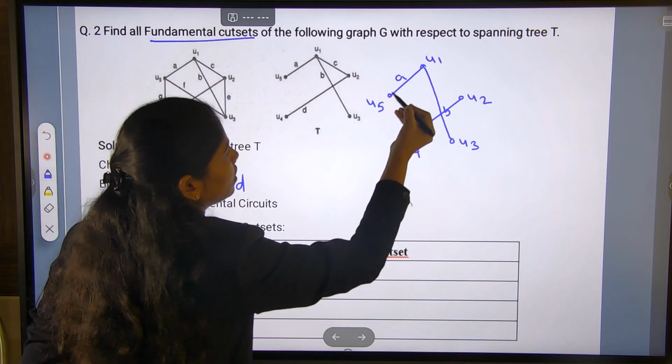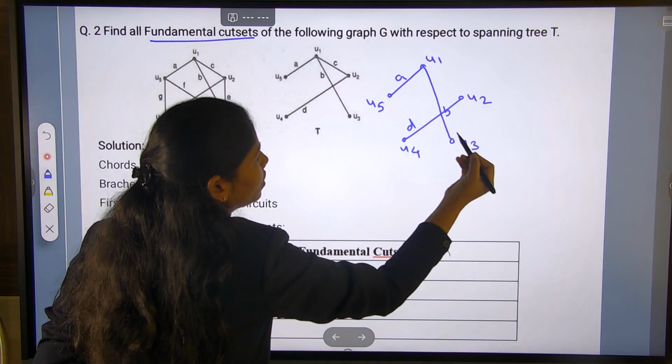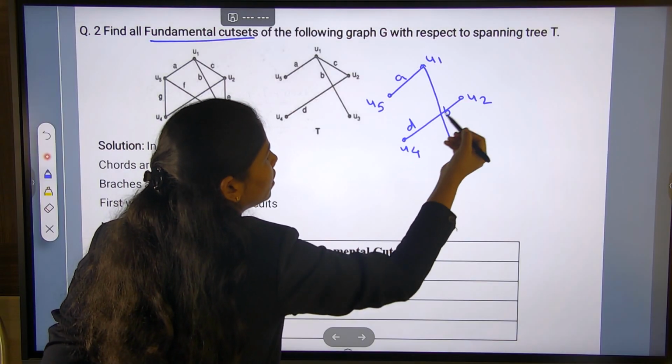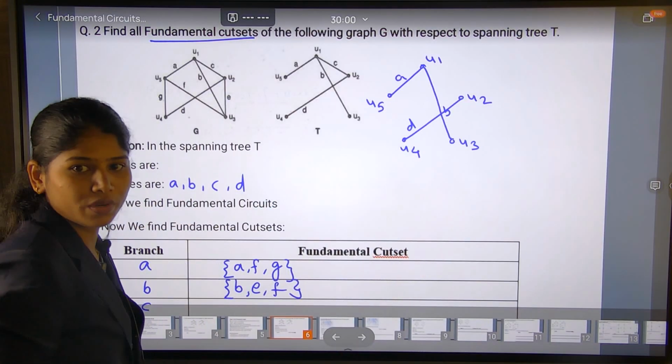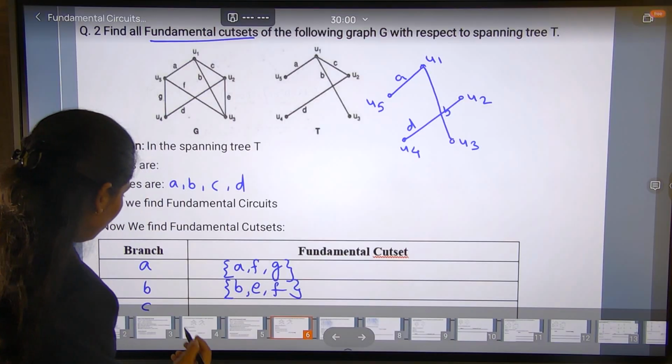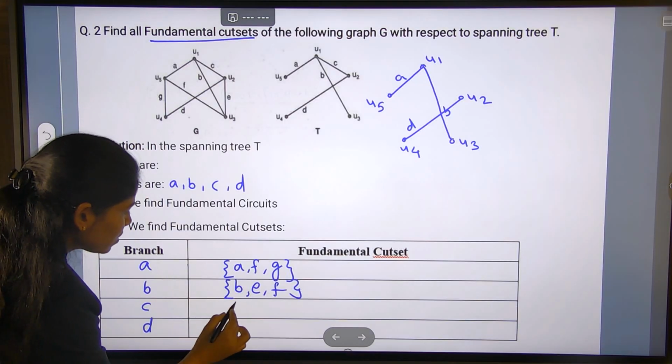This one is U5, U1 and U3, and this is disconnected, U2, U4. So find out the cut set for C.